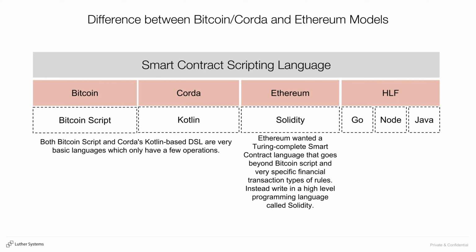And in both Bitcoin script and Corda, the constraints are of the form of predicates, meaning ultimately the way they work is the validation will check to see if a number of constraints are true, and if those constraints are true, then the transaction is valid.